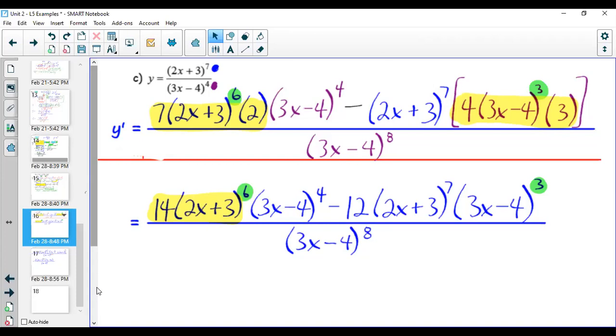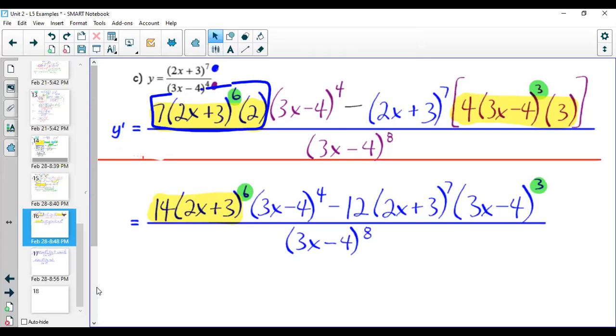This is a straightforward quotient rule, except when I take the derivative of 2x plus 3 to the power of 7, I have the chain rule in the numerator. So the chain rule is not an outside function. Everything is not to the power of 4. The chain rule is individually for the numerator and the denominator. So this is why this particular question is different from the other quotient rule question.